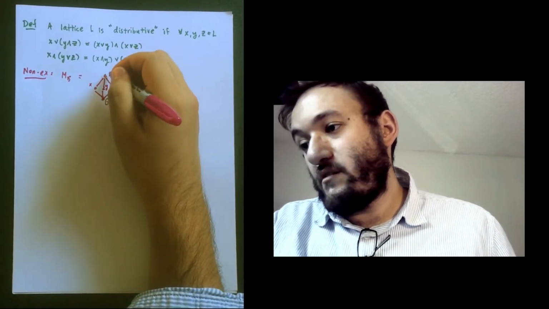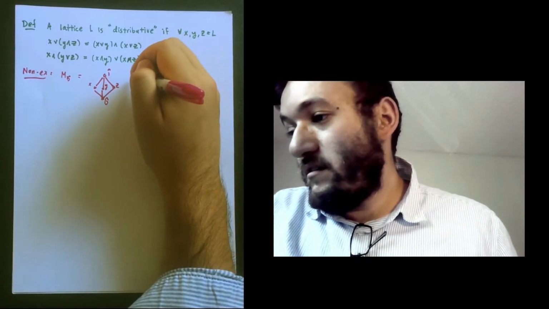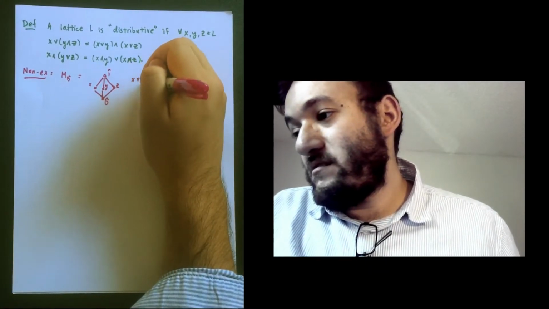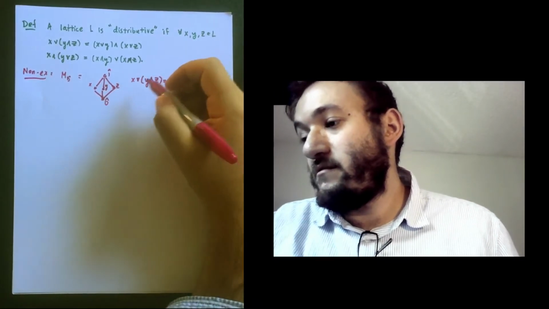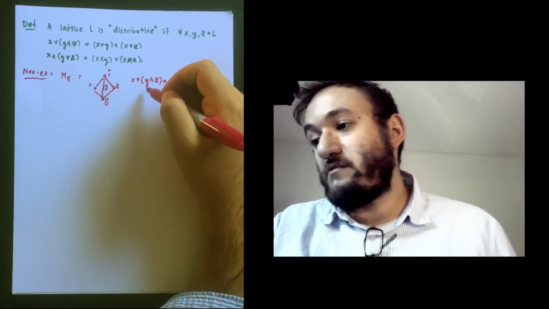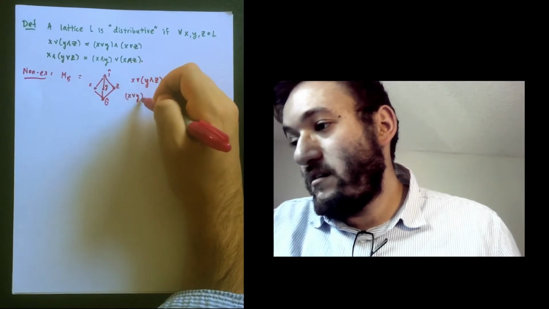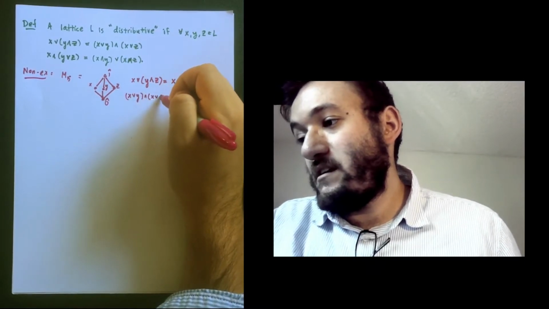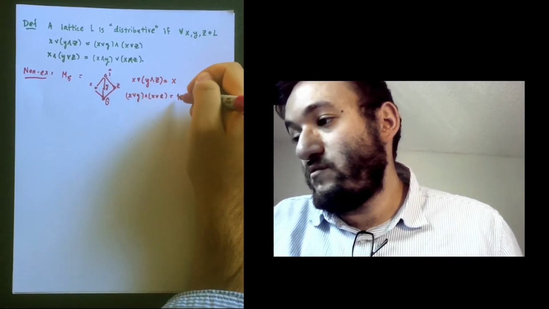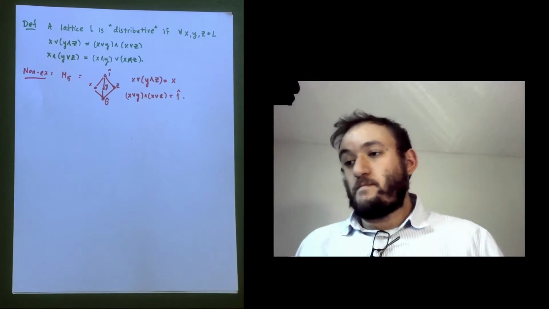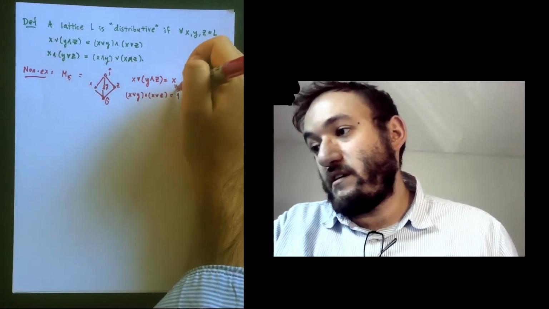This is our 0 and 1. Then it's not too hard to see that if you have x join y meet z, then you're going to have y meet z is 0, so x join 0 is x, whereas x join y meet x join z is, well, this is 1 and this is 1, so it's just 1. Okay? So that shows that this is not distributive, since these two things are not equal.